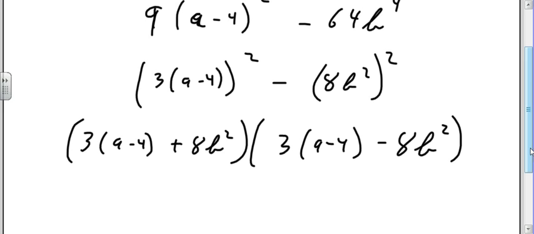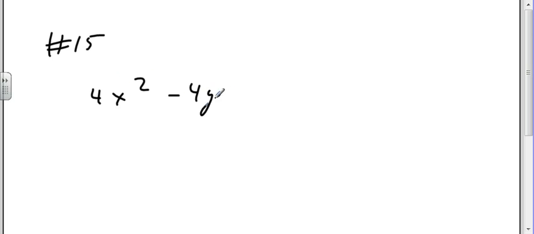We'll move down to 15. 4x squared minus 4y squared plus 4y plus 1. Well, we do have something here that's in the form a squared plus b minus b squared.